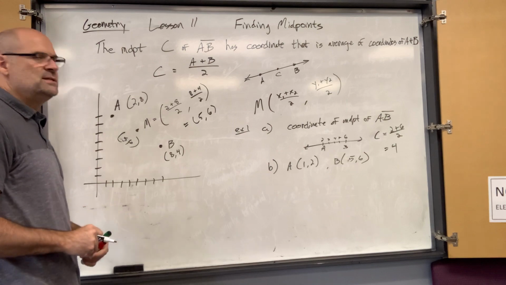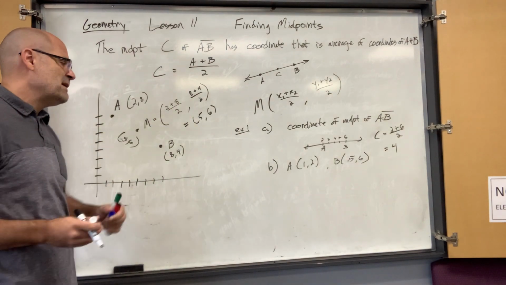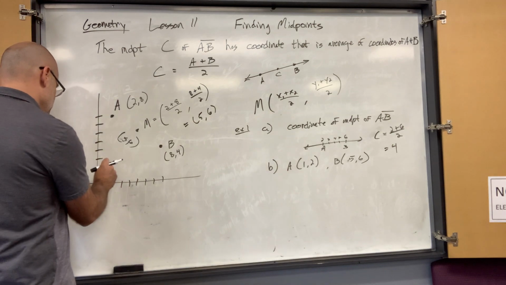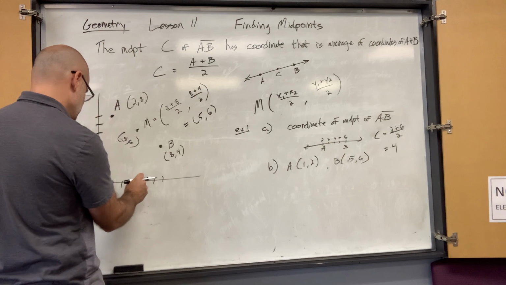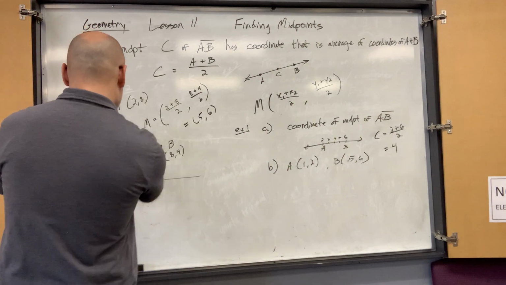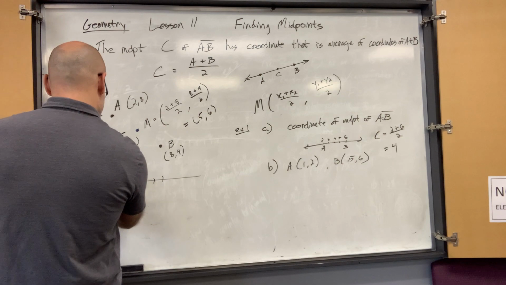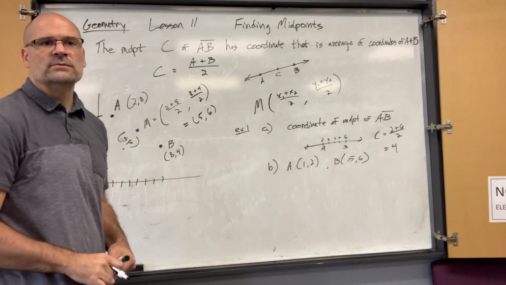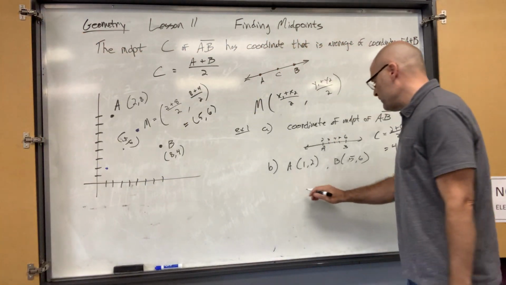So while you're throwing it into this midpoint formula, I'm going to graph it. 1, 2, 3 and 4, and 5 and 6. If I look halfway between, it looks like it's about right there. And so it looks like it's 3, 4. So it's faster just to throw it into that formula.